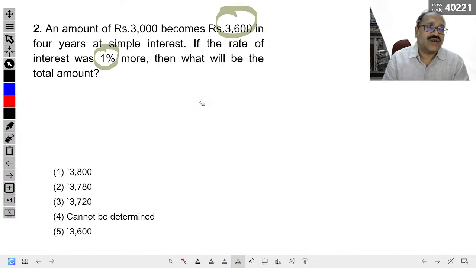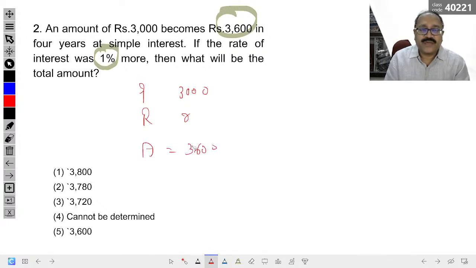Okay. So how do I do it? Look at this one. Here the P is 3000 and the rate is R, and the A is 3600, that is P plus interest. If R is increased by 1%, the time is 4 years.